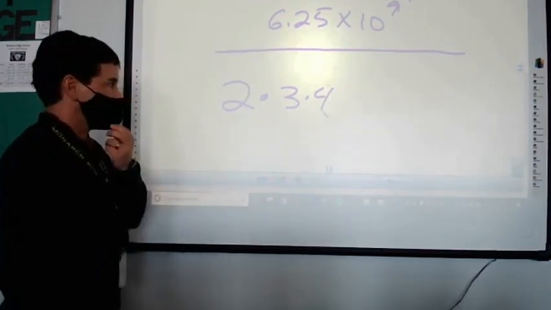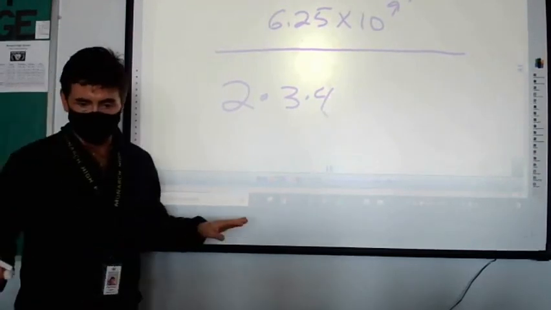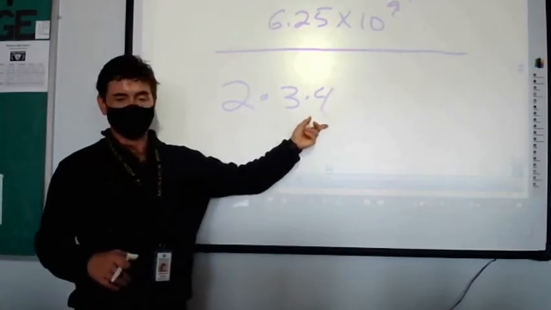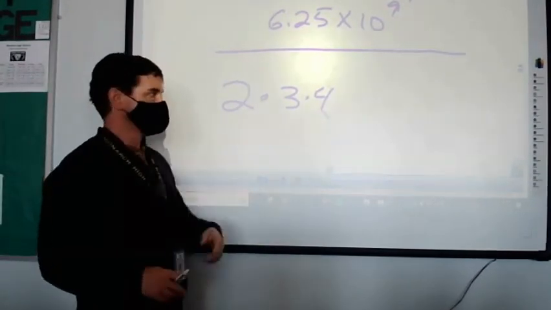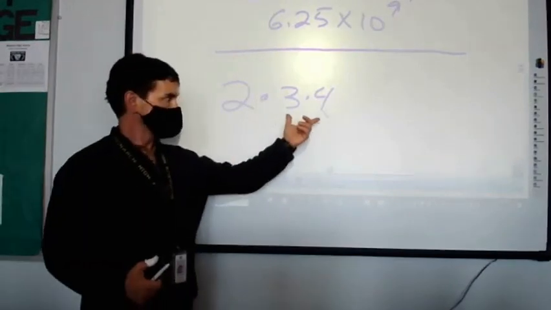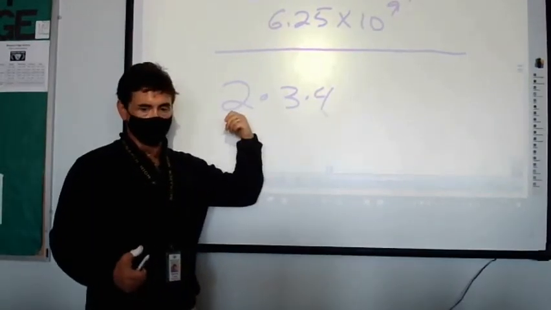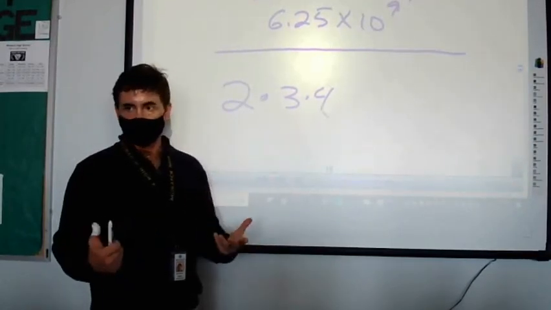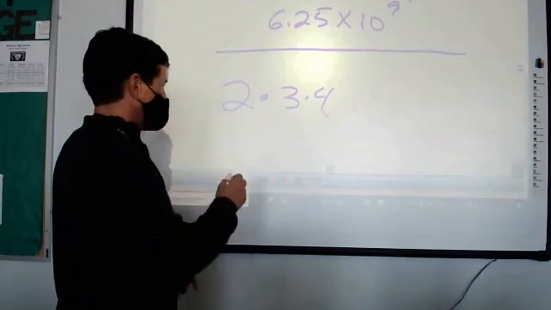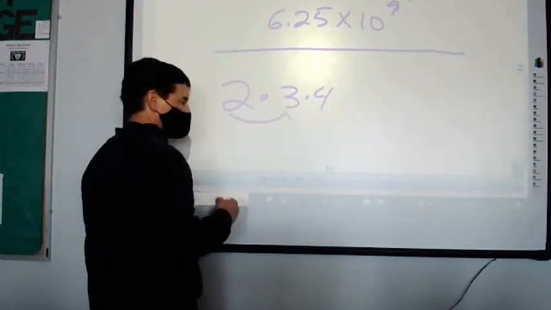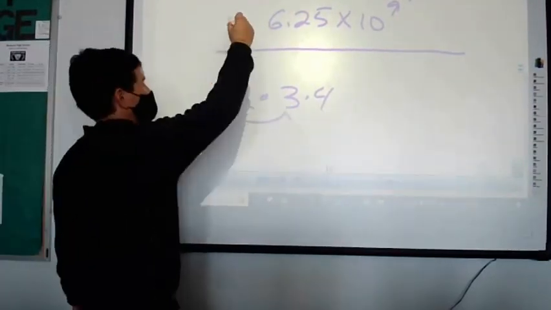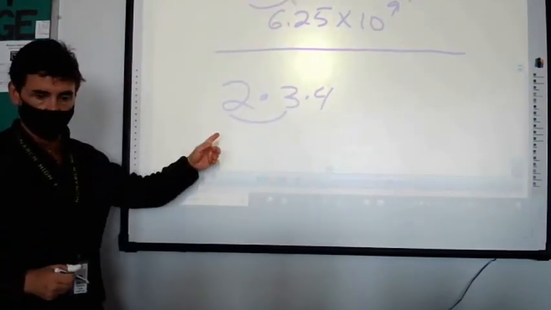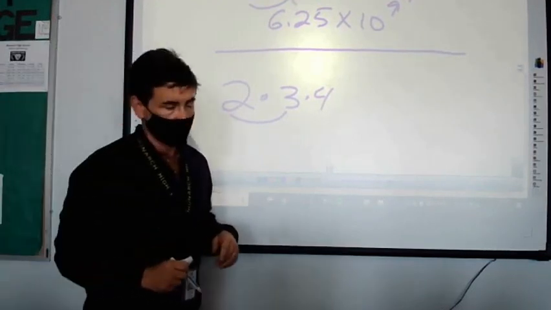And in multiplication, I can multiply in any order, as we've talked about this year. 2 times 3 is 6, 6 times 4 is 24. If I multiply in a different order, 3 times 4 is 12, times 2 is 24. 2 times 4 is 8, times 3 is 24. So you get 24 regardless of how you do it, but you only multiply the 2 times one of the numbers, not both. That's why we only multiply the 1/2 times one of the numbers, not both. So that's a proof as to why we do that.